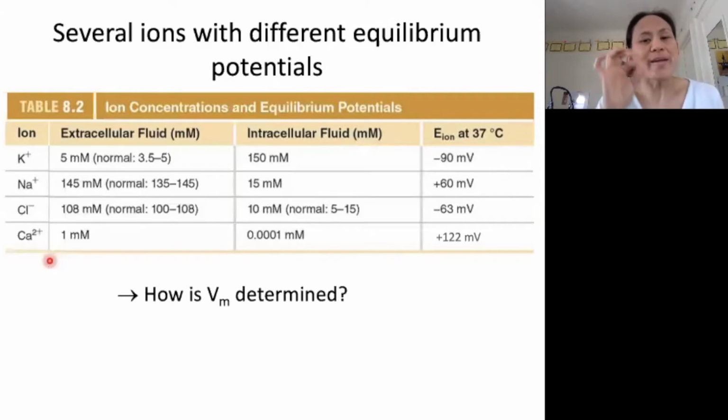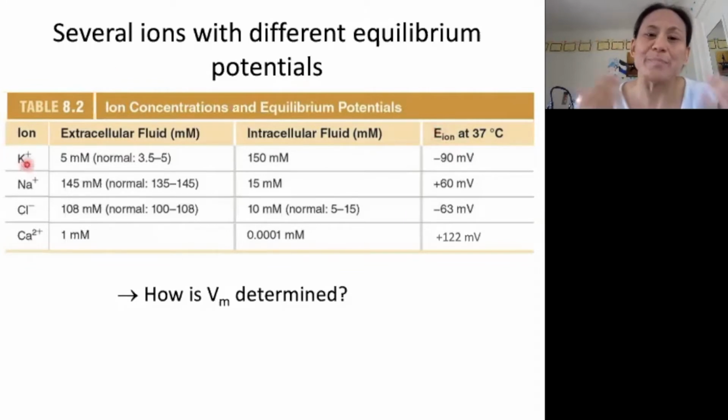Okay, so looking at this table from the previous video, I want to remind you we have several ions that we see pretty commonly around the cell, and they all have different equilibrium potentials. So each ion is going to try, if it can, to move in such a way as to bring the cell towards its equilibrium potential, right?